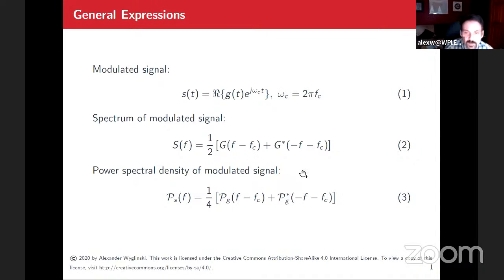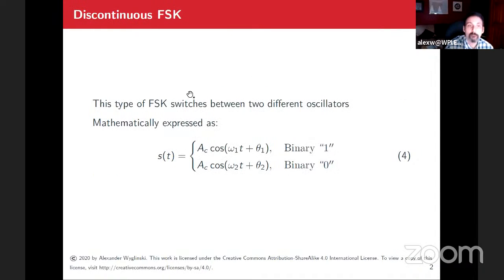There we go. So now if we go to the next slides here, this is what we call the discontinuous FSK, right? So what happens is we switch between 2 oscillators. And it's simple, right? Symbolically we would draw something like the following.